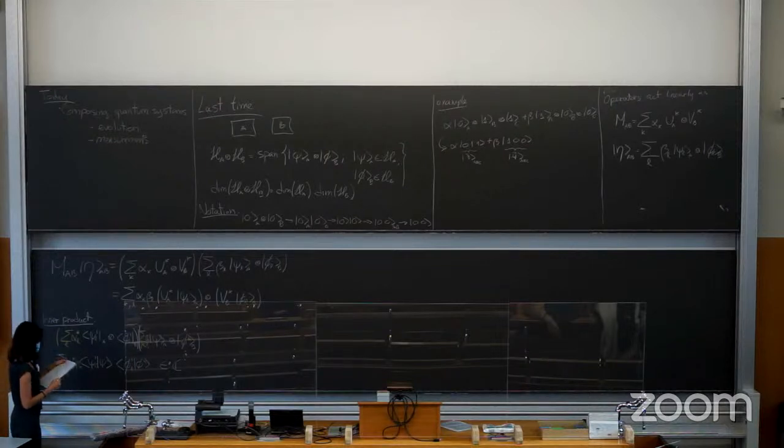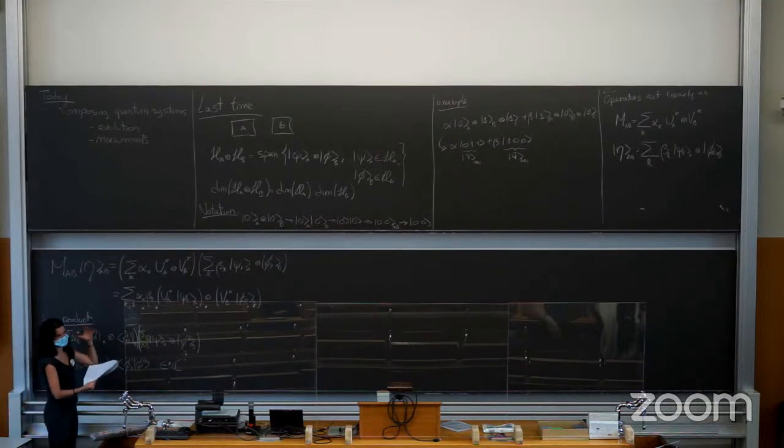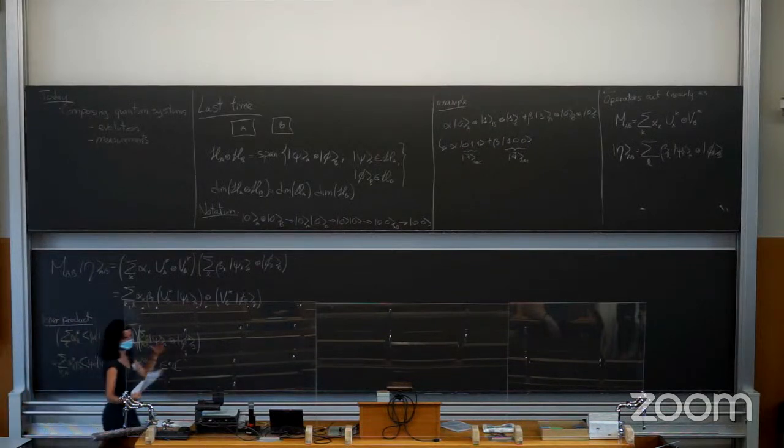Good. So now we'll see some examples of this in practice. And again, look, once you have many systems, it's always better to use Dirac notation, because if you start writing matrices, they just get too large. It's hard to keep track of them.